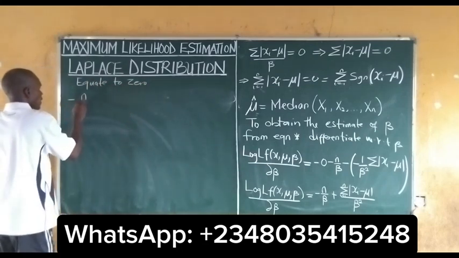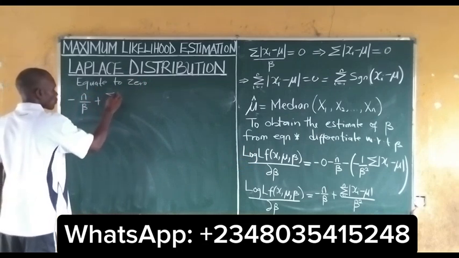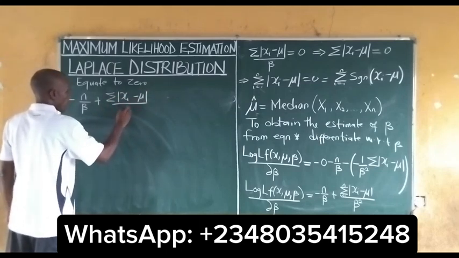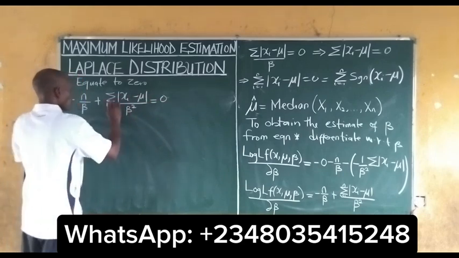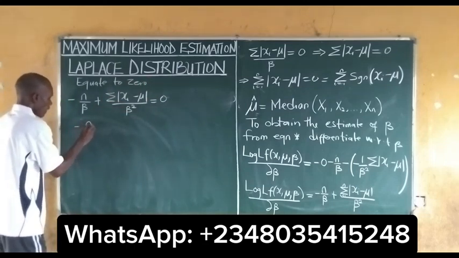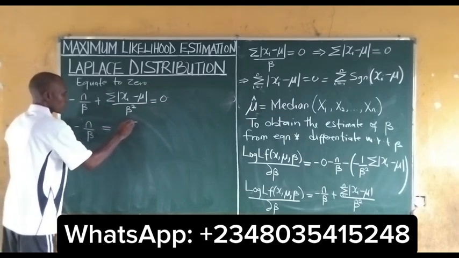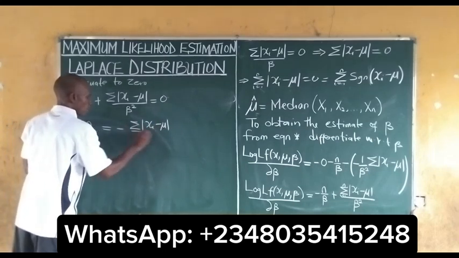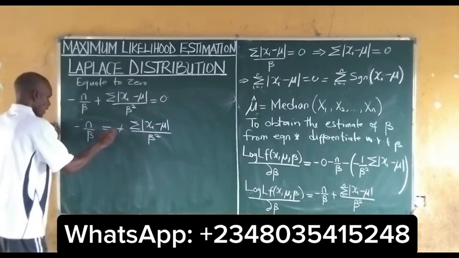We will have negative n all over beta plus summation of xi minus mu all over beta squared is equal to 0. Of course, this can move over to the other side to give us negative n all over beta equal to negative summation of xi minus mu all over beta squared. So this can cancel this.